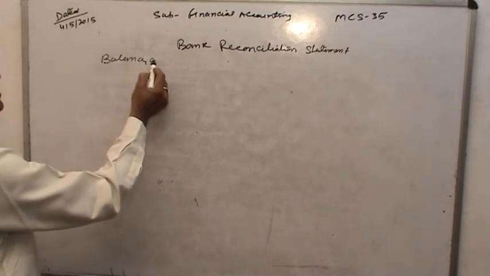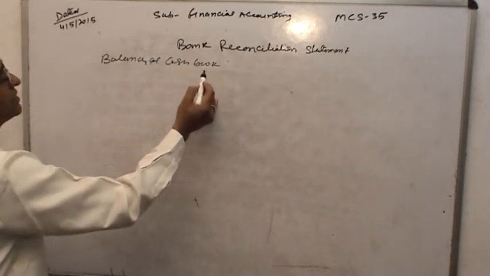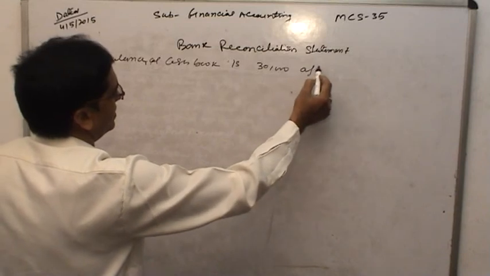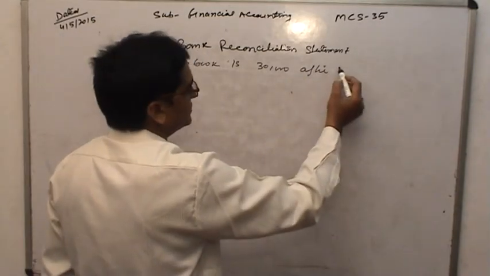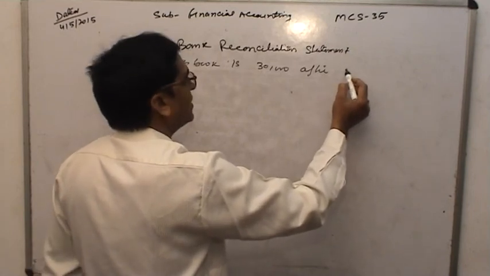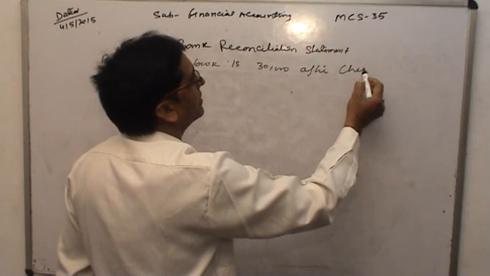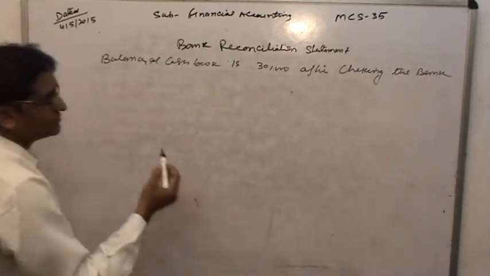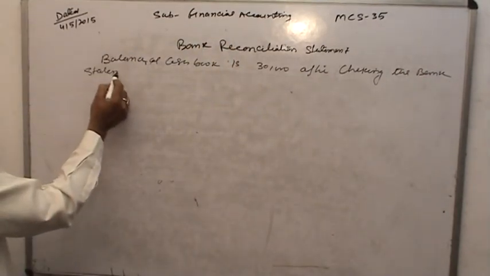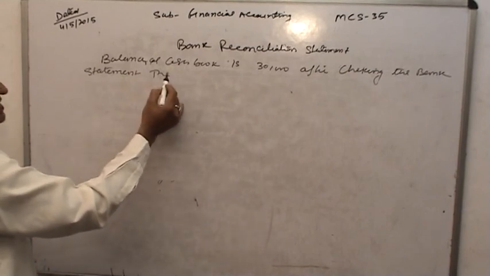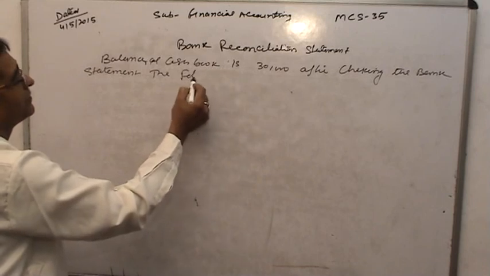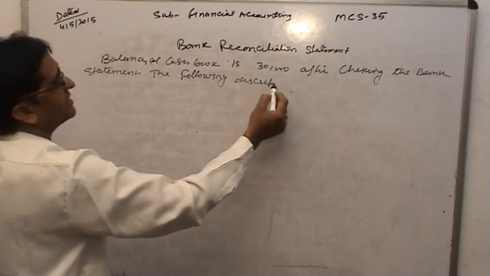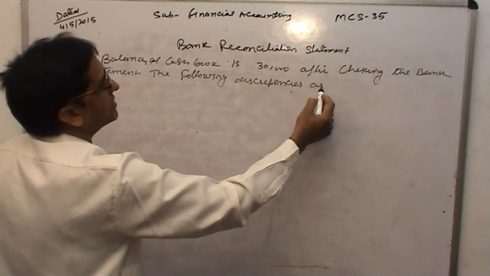The balance of cash book is 30,000. After checking the bank statement, the following discrepancies are found.